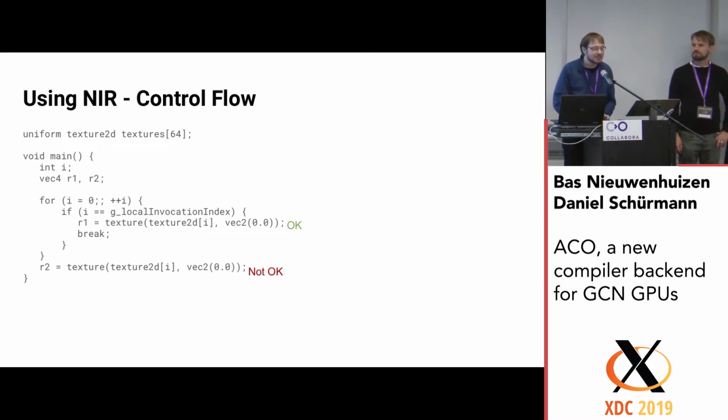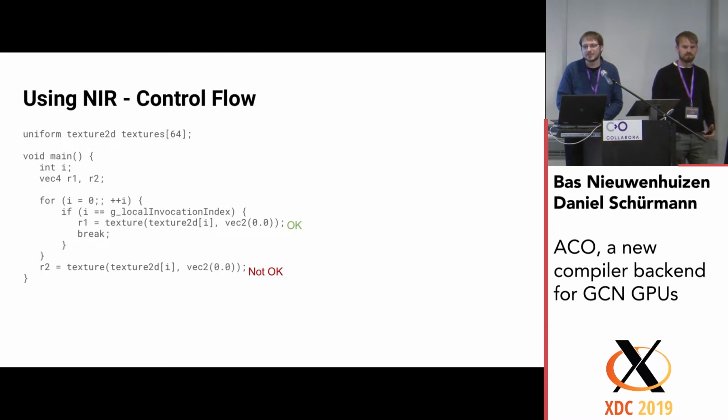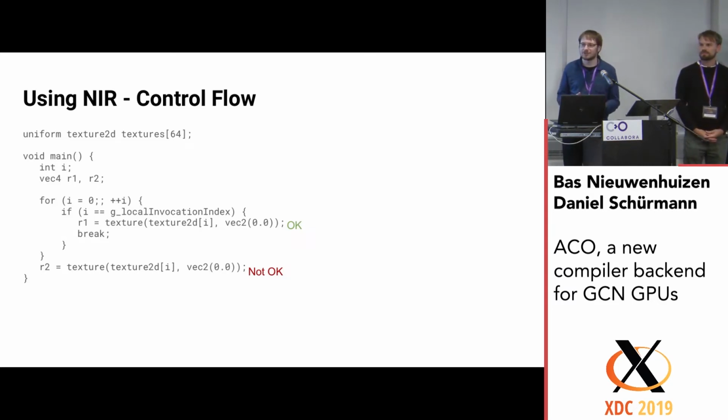What this loop does is that iteration I exits the loop in lane I. And how you would factorize this in your control flow on the graphics card is you would loop as long as any lane is still active in the loop.